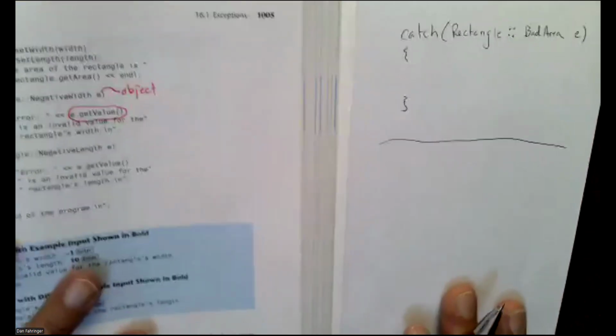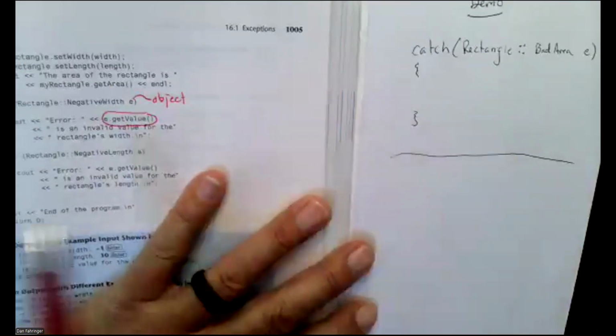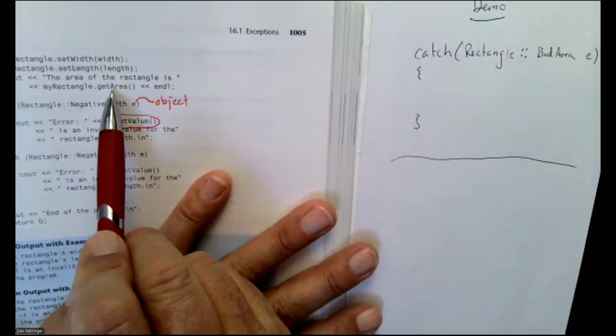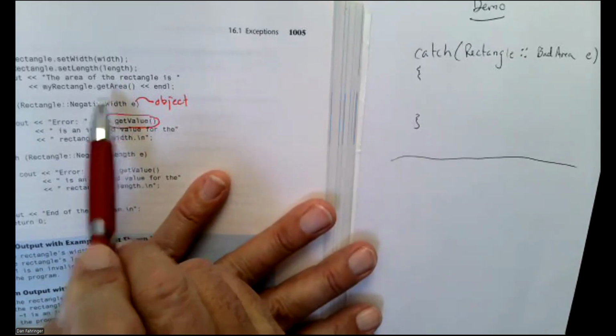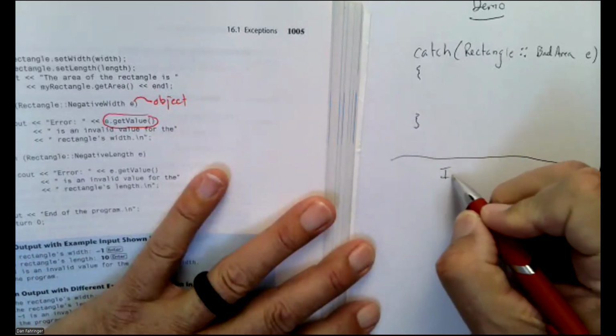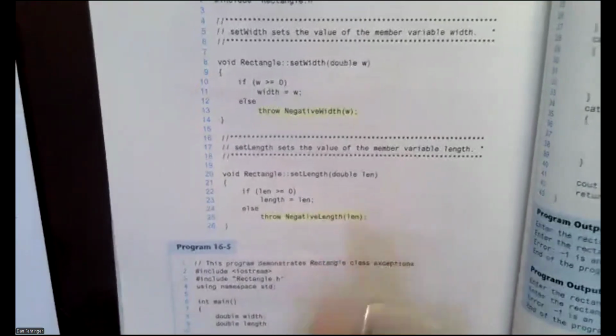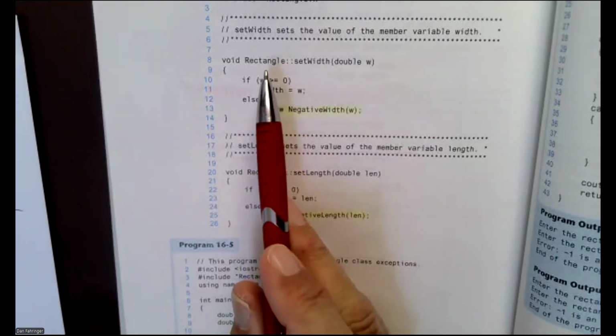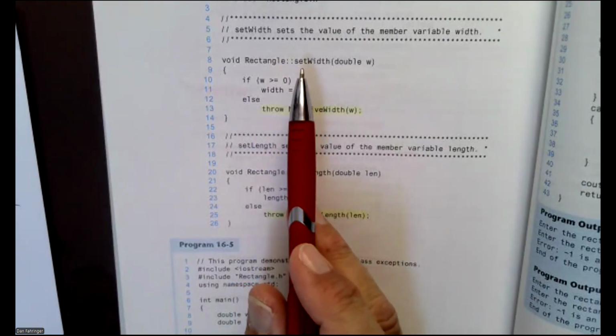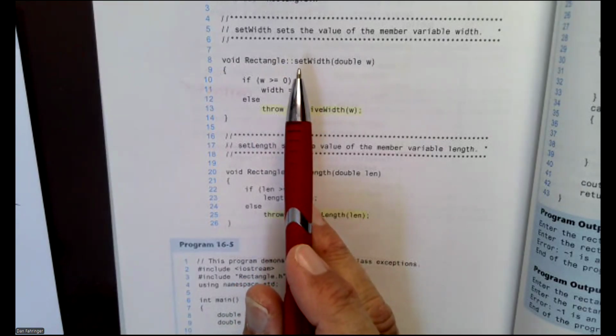Where else do I need to add something? I would need to add something in my implementation for get area. So in my implementation file, I would need something that looks similar to this. Void, rectangle, because it's my rectangle class.